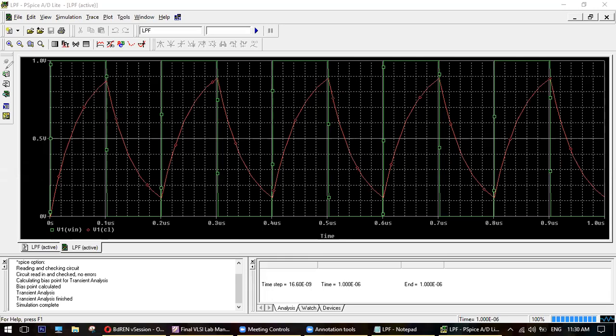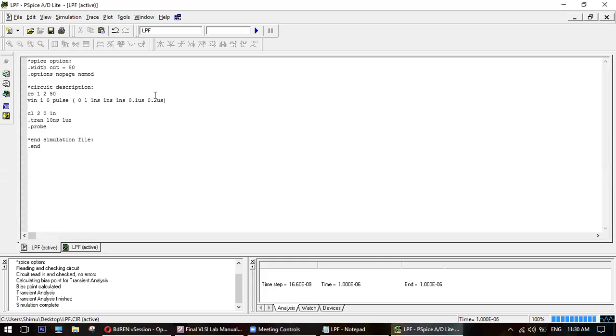Okay, let's increase the frequency even more. Let's make it 10 megahertz. So it is 0.1, it will be 0.05, and this one will be, okay, let's make it 0.5 microsecond.